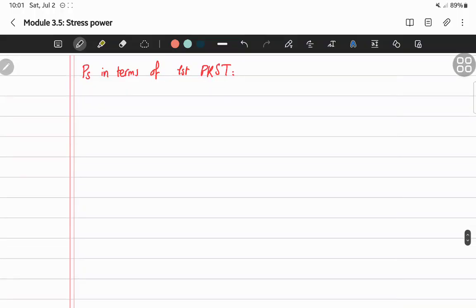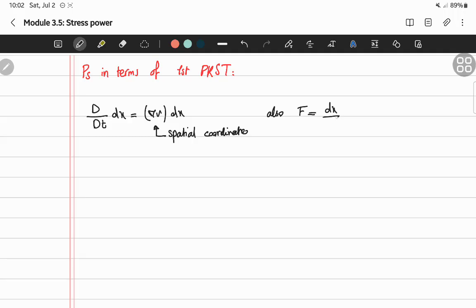All right, so we know from the previous module that d/dt of dx is equal to del v dx. And remember, this is in a spatial coordinate. We also know that F is equal to d small x over d capital X. Therefore, here you can write dx is equal to F dX.